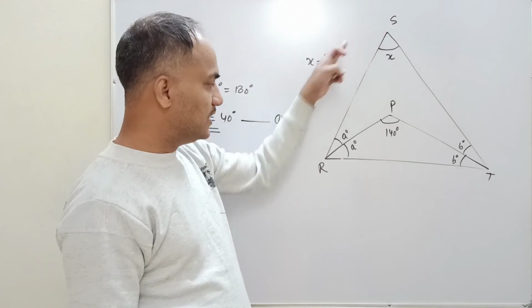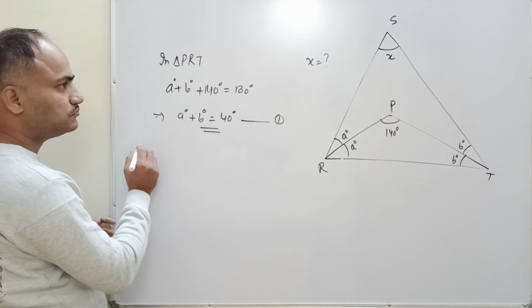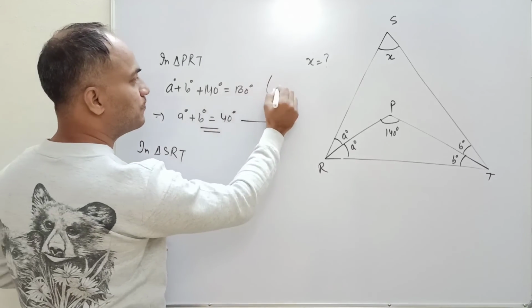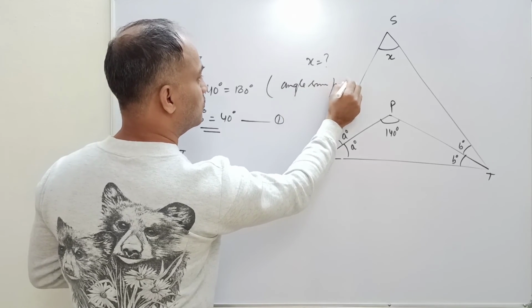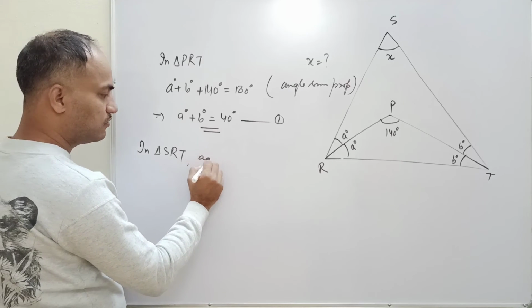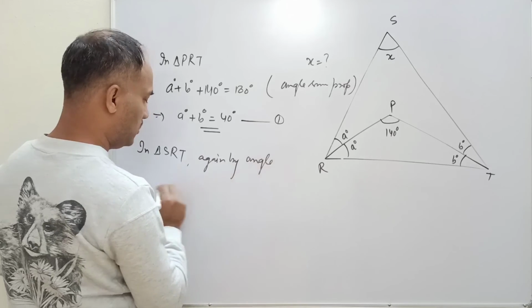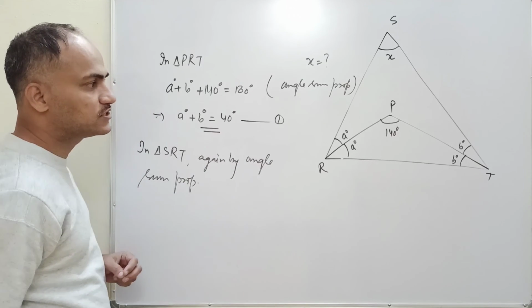Now in triangle SRT, we can apply the angle sum property. In triangle SRT, by the angle sum property, what we get?